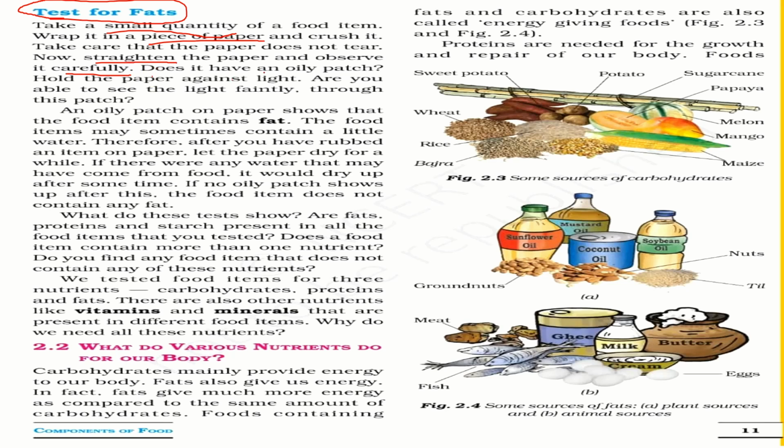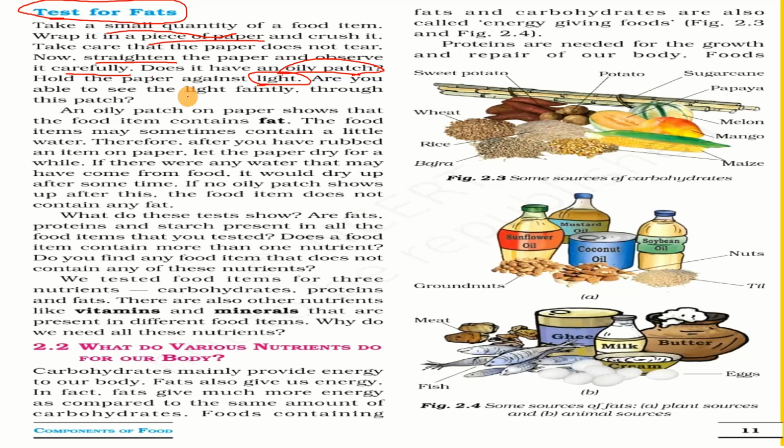Does it have any oily patches? Just observe whether it has oily patches or not. Hold the paper against the light. Hold the paper on which you crushed the food, after removing the food onto the table, and observe it against the light.